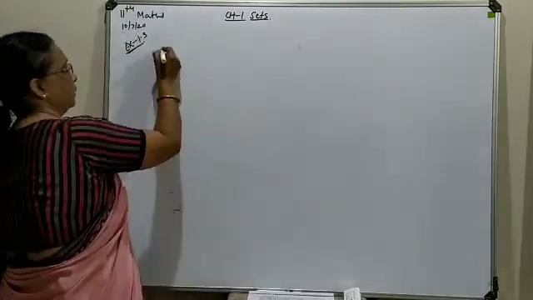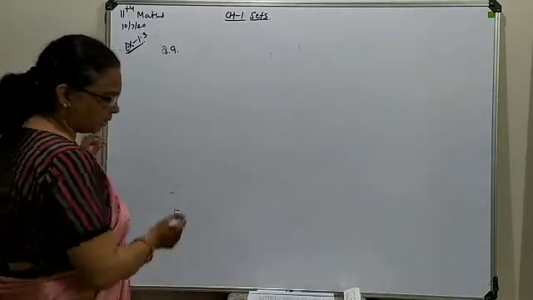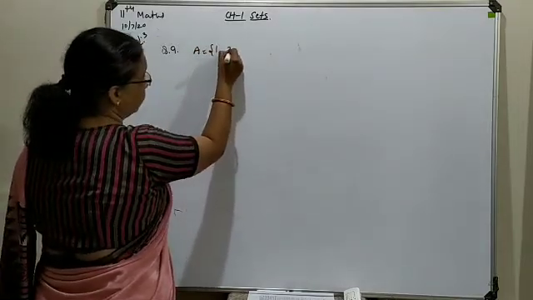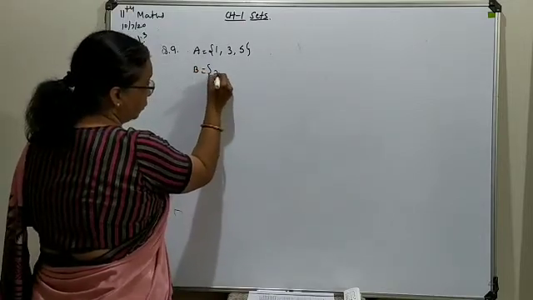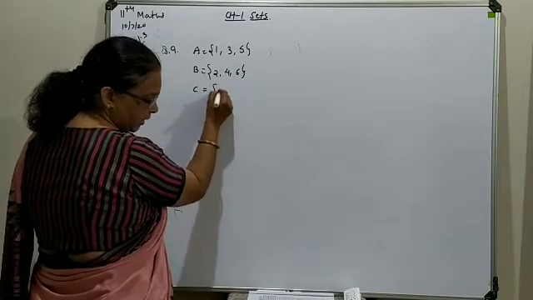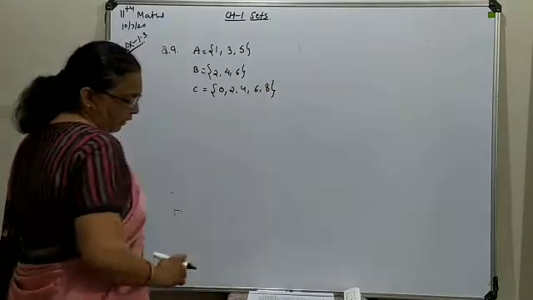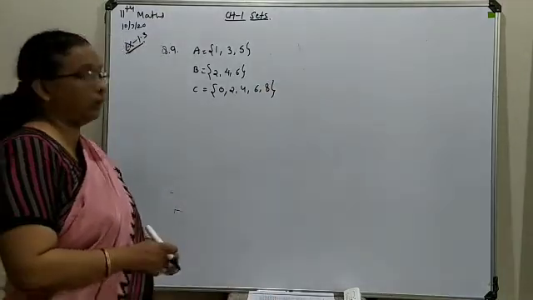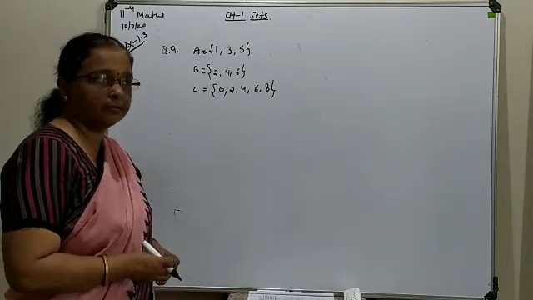Now here in question number 9, A is available as 1, 3, 5. B set is available as 2, 4, 6, and one more is given, C as 0, 2, 4, 6 and 8. Now here 4 options are available. Out of that you have to find which one will be considered the universal set.